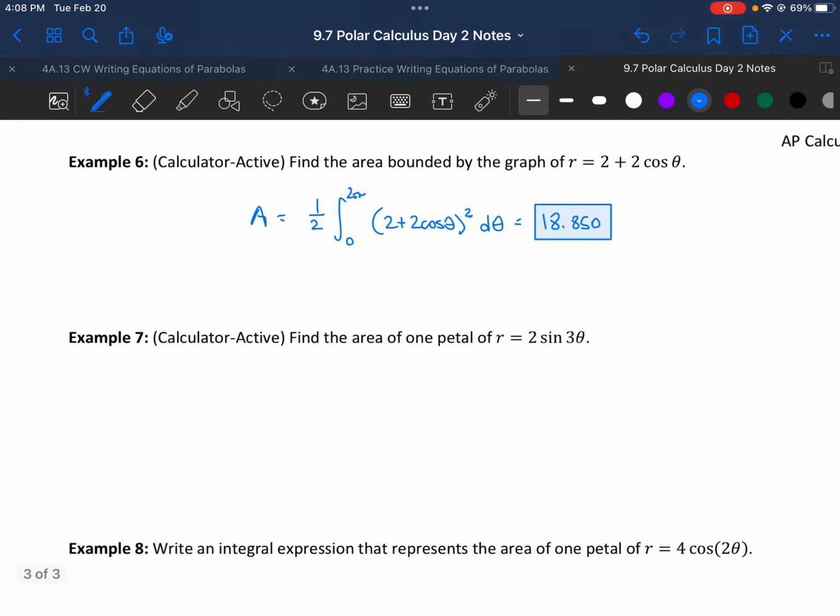Okay. In example 7, find the area of one petal of r equals 2 sine 3 theta. So things that we already talked about in the last set of notes. This is going to make a rose curve. Because the coefficient of theta is odd, we know that that odd coefficient 3 is the number of petals that we're going to have.